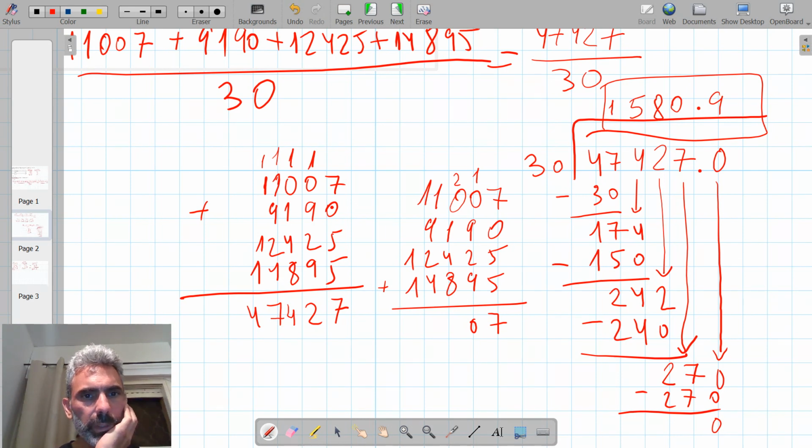So here I have a mistake. 1 plus 9 is 10. 10 plus 2 is 11. 11 plus 9 is 20. And I wrote the 2 instead of 0. I wrote 12 here.